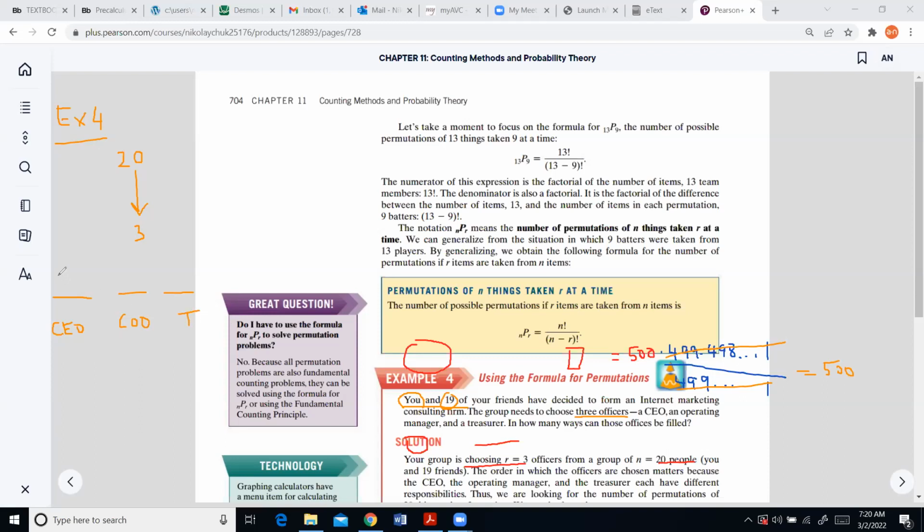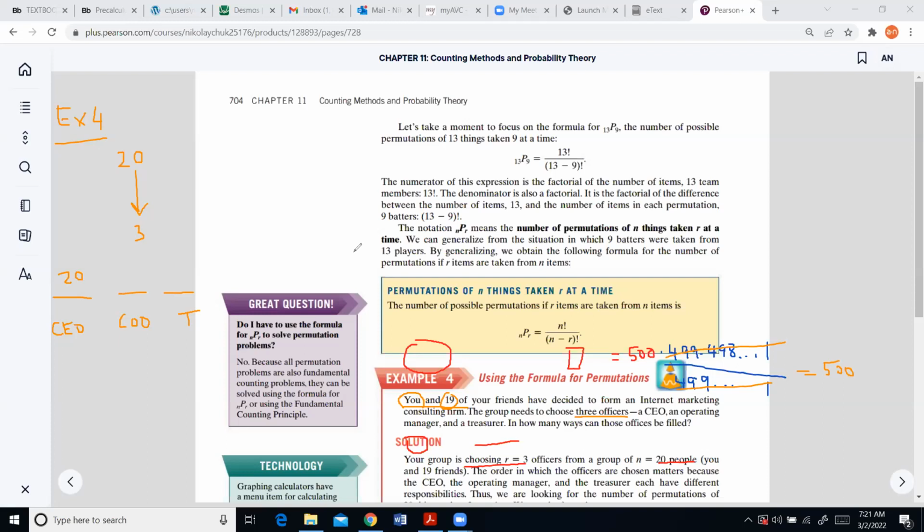Well, for the first position, there are 20 candidates to consider, 20 people. Now, somebody can say, let us select Alex for the treasurer, and for the operational officer, and for the executive. Well, they want to select different people.